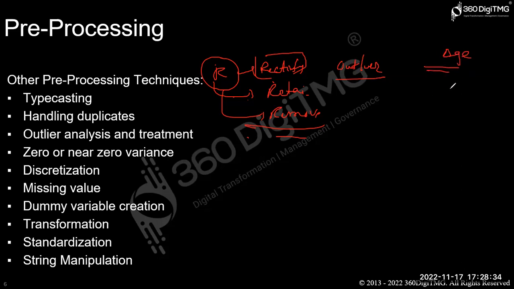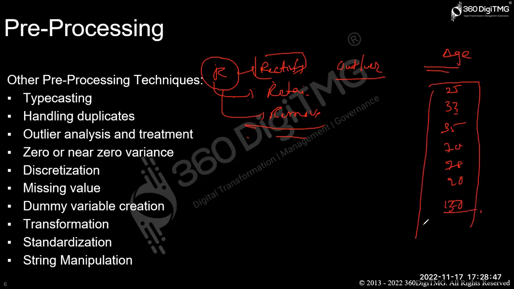In that column, I have 25, 35, 33, 35, 70, 78, 90, and I have 150. Do you think it is an actual value? Do people live up to 150 years of age? Maybe while entering, the person instead of 15 years might have put one extra.